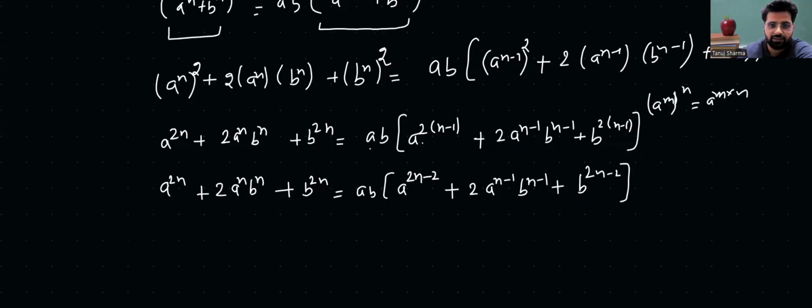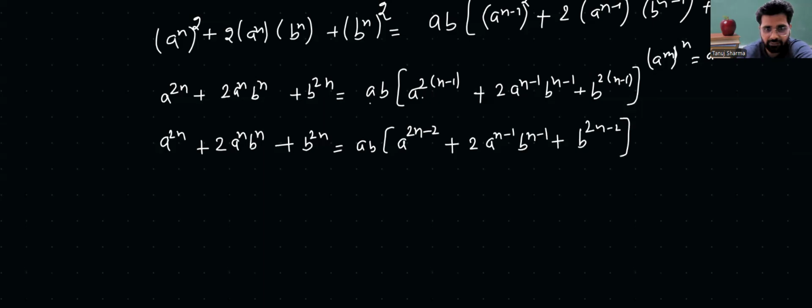Now we are going to another simplification form, that 2 times a raised to power n, b raised to power n, plus b raised to power 2n. Now AB is going to multiply inside it. What rule are we going to use? That a raised to power m times a raised to power n is equal to a raised to power m plus n.